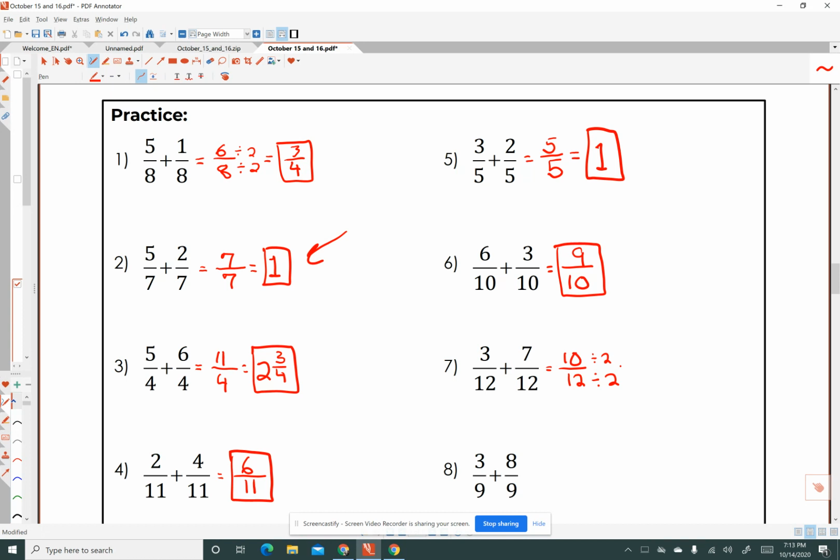So we'll go ahead and do that. 10 divided by 2 is 5, and 12 divided by 2 is 6. And in number 8, we're dealing with ninths, so that would be our denominator. 8 plus 3 is 11, and that's more than 1. So there's one group of 9 and 11 with 2 ninths left over.